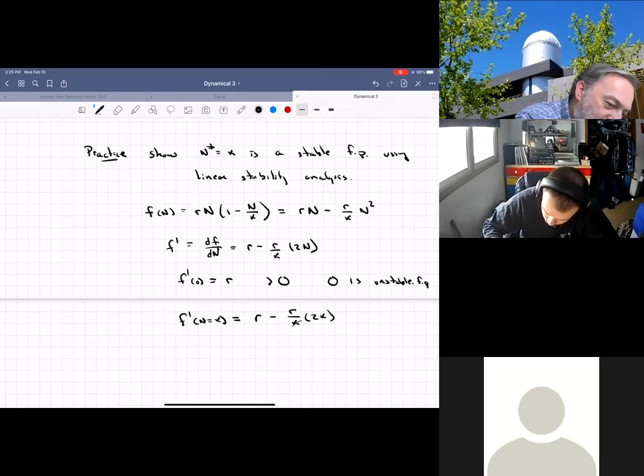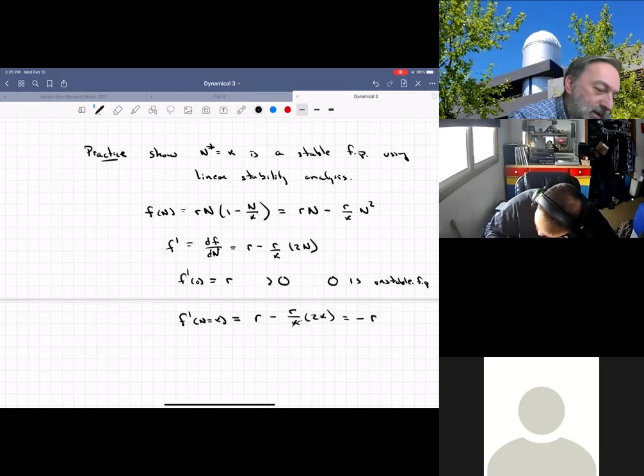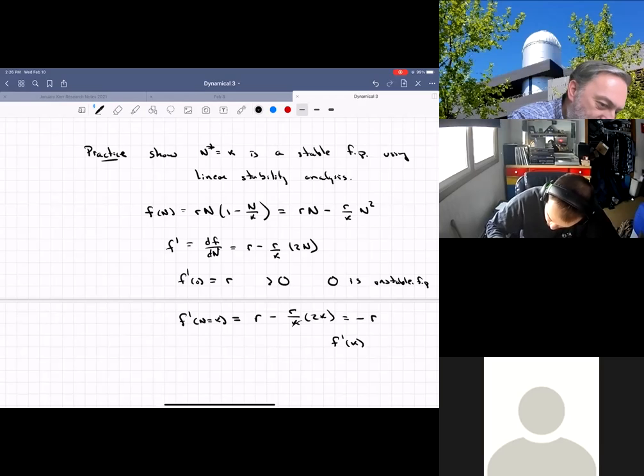So the k's would cancel out. That would give me minus R. And so f prime at k is negative. So n equals k is a stable fixed point.